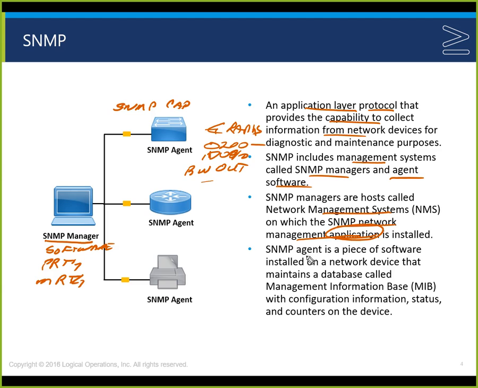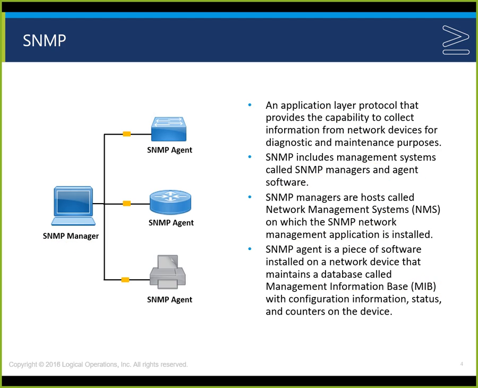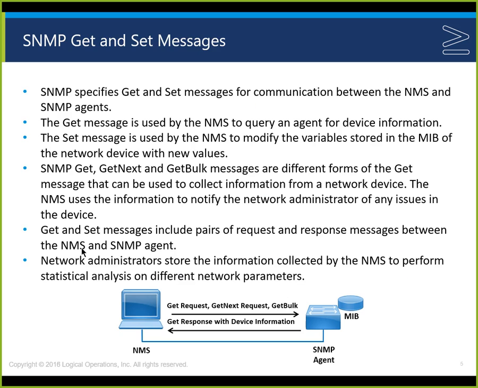An SNMP agent is a piece of software installed on the network device that maintains a database called the management information base, the MIB, and those are terms that you probably want to recall, with configuration information, status, and counters on the device. So we have the devices, and we have the management software that allows us to see those.